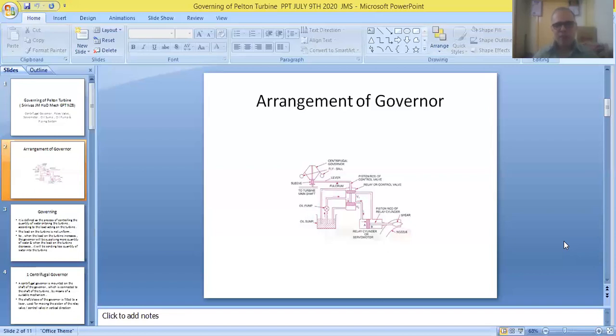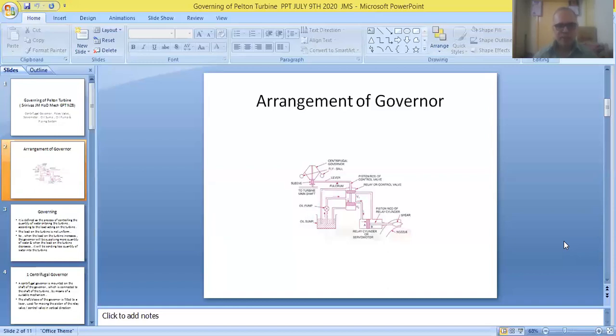So the sphere will be moving in reverse direction. So more quantity of water will be entering the turbine, and again the speed of the turbine will be increased back to the normal value.